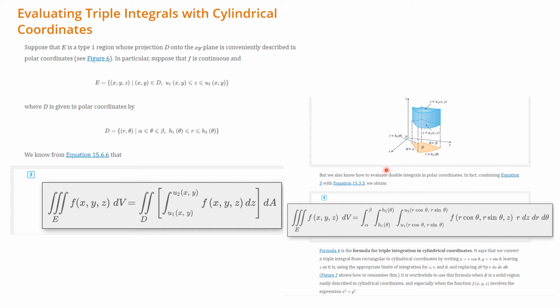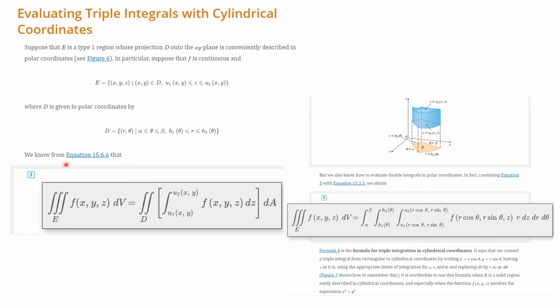So theta is running from alpha to beta, and r is running from h1 of theta to h2 of theta. Okay, so that's the geometrical situation.